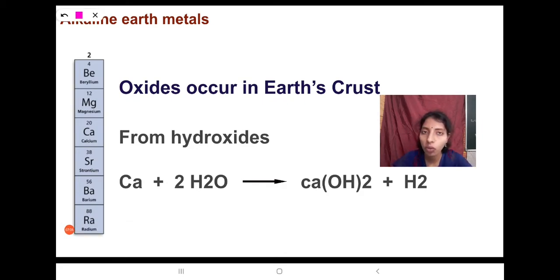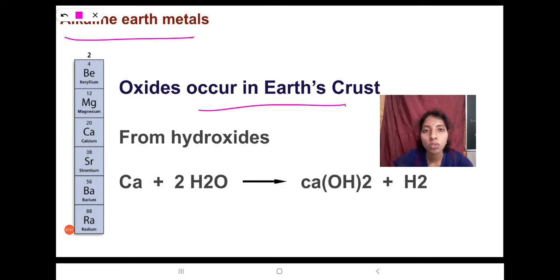We call these metals alkaline earth metals because their oxides occur in the earth crust. We can find these oxides in the earth crust. So that's why we call these elements the alkaline earth metals.